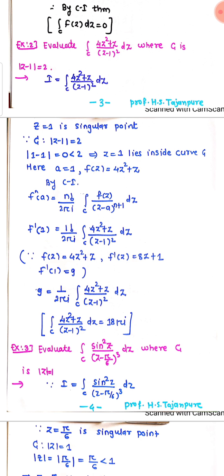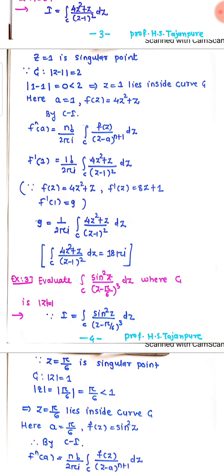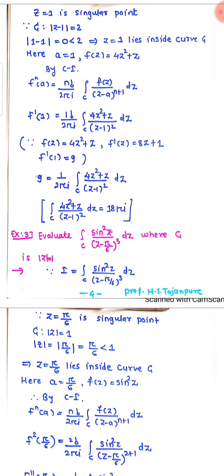Now let us find the value of f dash of 1. Since your f of z is 4z square plus z, differentiating it gives f dash of z equal to 8z plus 1, and then you replace z by 1 and get f dash of 1 equal to 9.